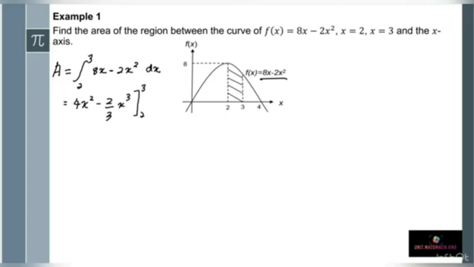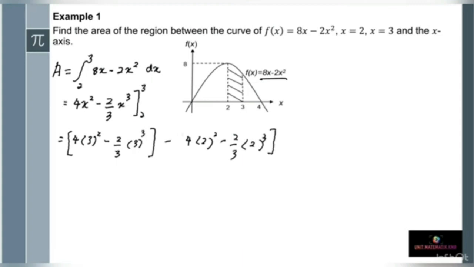Next step is we substitute the values. So we have 4 times 3 squared minus 2 over 3 times 3 cubed, minus 4 times 2 squared minus 2 over 3 times 2 cubed.